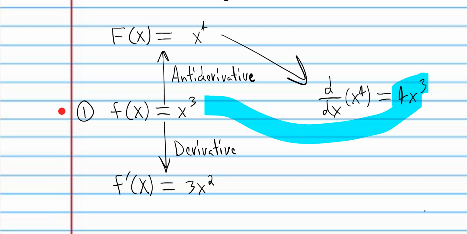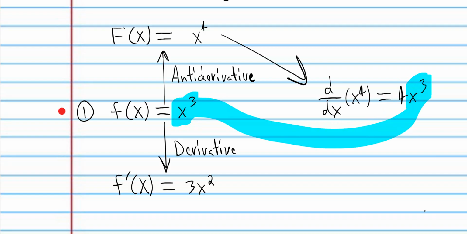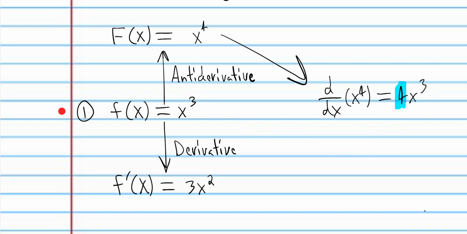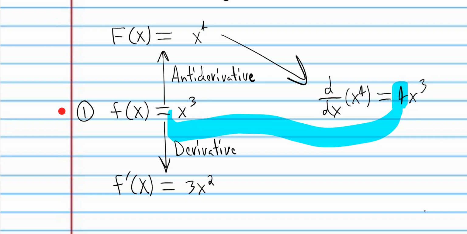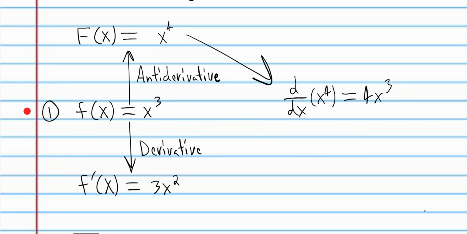So we didn't quite find the correct antiderivative, but we do have the right power expression here. We just need to somehow get rid of this 4, because we don't want a 4 in front of x cubed. Now, the power rule tells us that we bring this exponent down in front and multiply it into the power expression.